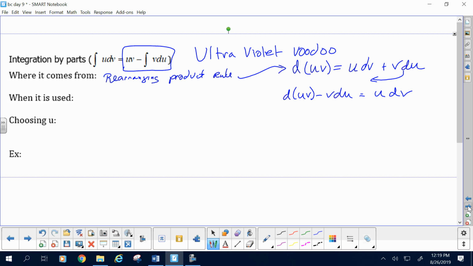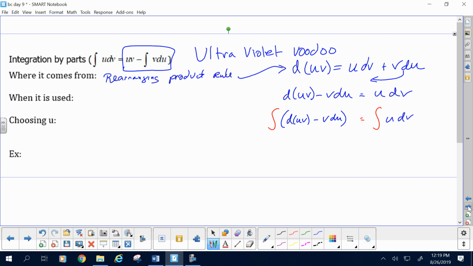Now, calculus behaves like all other math functions. Whatever you do to one side, you must do to the other. So if I were to then take the antiderivative of both sides, now at this point you're thinking, what a waste of time.